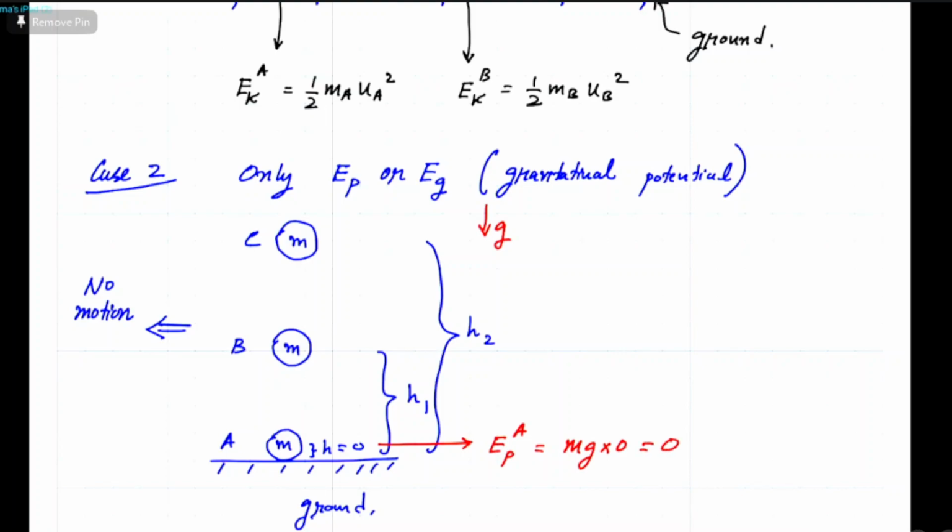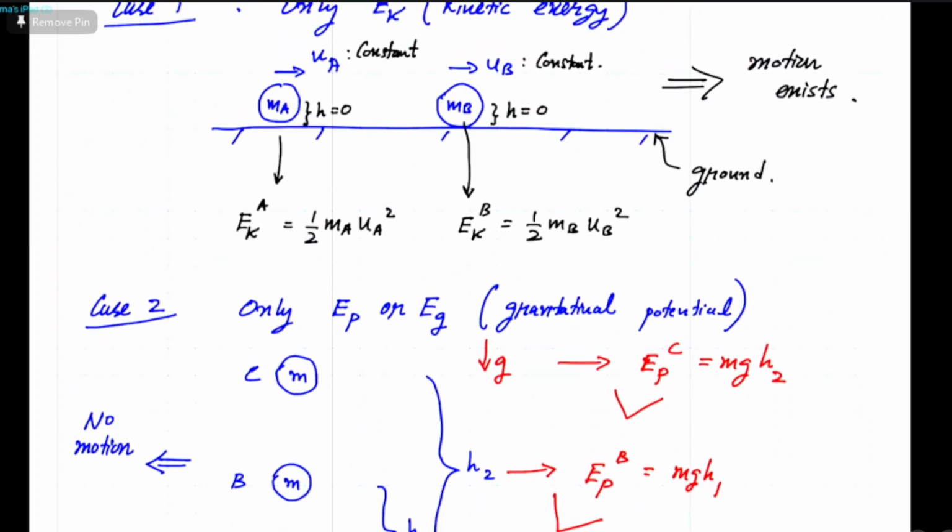For this one, E potential at B has mgh1. This one has EPC, which is mgh2. So obviously this is greater than this and this is greater than that, right?